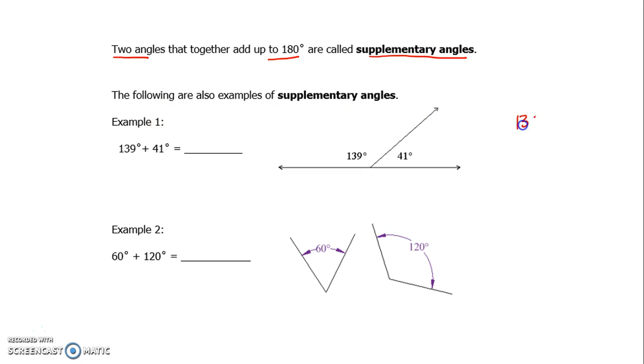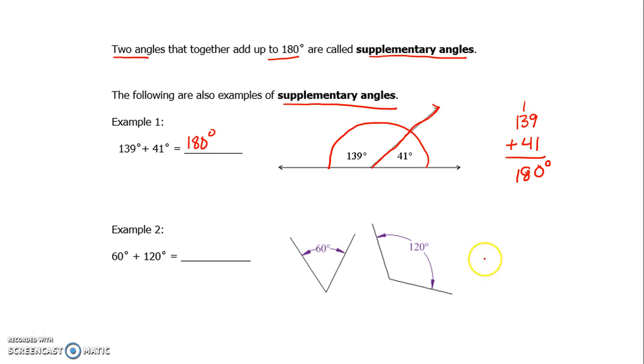If you take 139 degrees and you add 41 degrees, 9 and 1 is 10, 3 and 4 is 7, and 1 more is 8, 180 degrees. Two angles that add up to 180 degrees are called supplementary angles. These happen to be adjacent supplementary angles because they share this side. Together they sweep out 180.